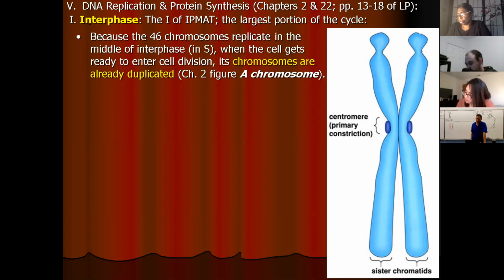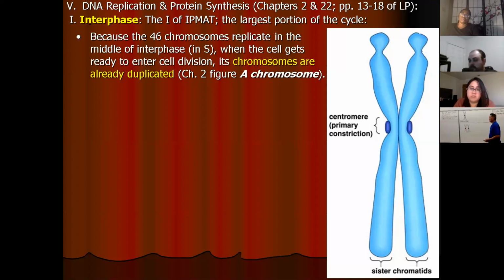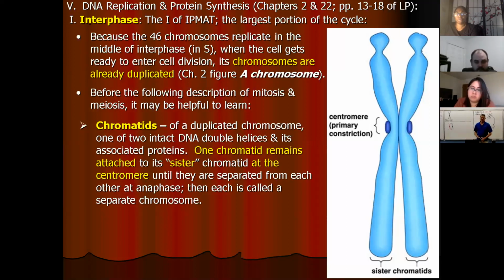And the chromosome will look like an X, like what I have on the whiteboard here, because it has already gone through the semi-conservative replication in S phase of interphase. So it's replicated, and both copies are attached. Each copy is called a chromatid.